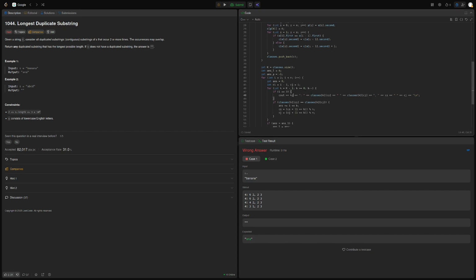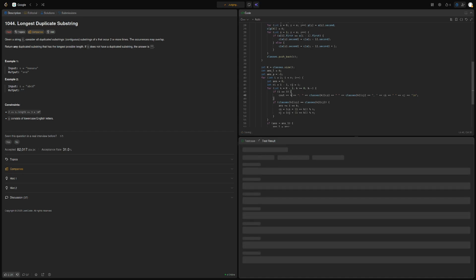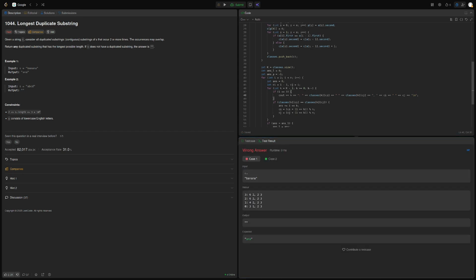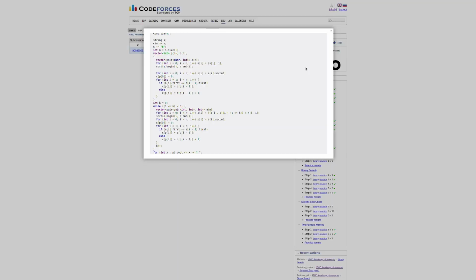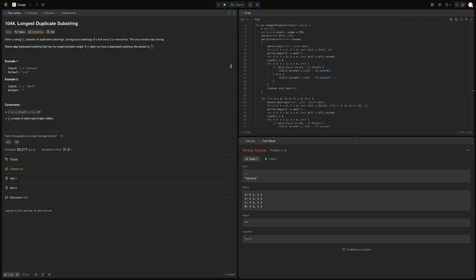Printing the wrong K. Did I even implement this correctly? Of course I didn't. Hell nah, bro. What the hell? AI second, and then if AI first, this, then C of, I mean, I guess it's correct.